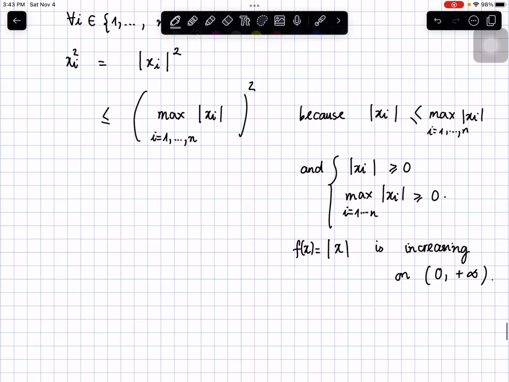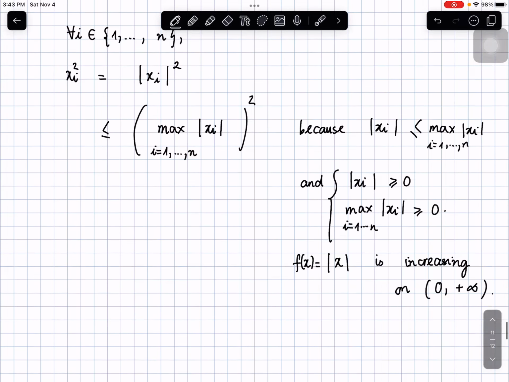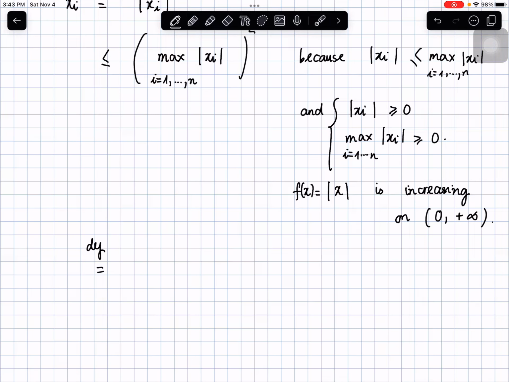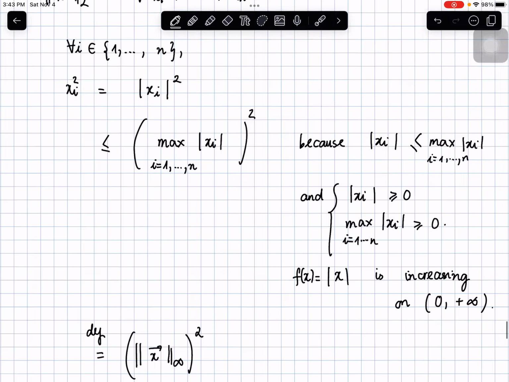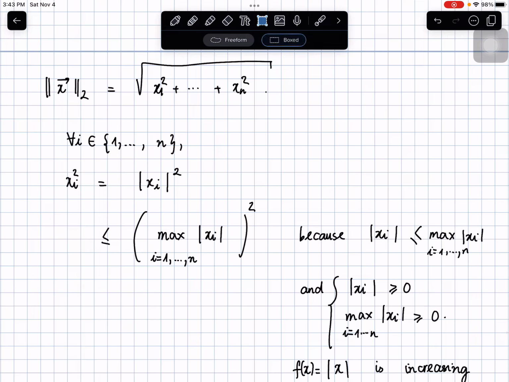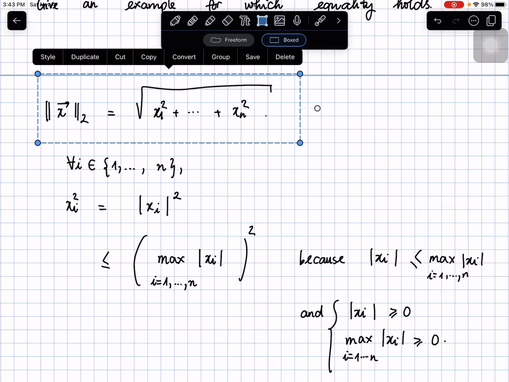Okay, and what does that mean? This number, the maximum of the absolute values, is exactly by definition the norm infinity of x, squared. Therefore, we can continue the evaluation from here.